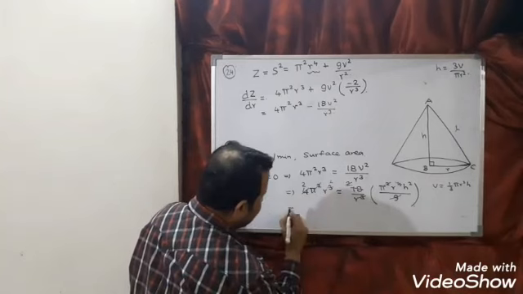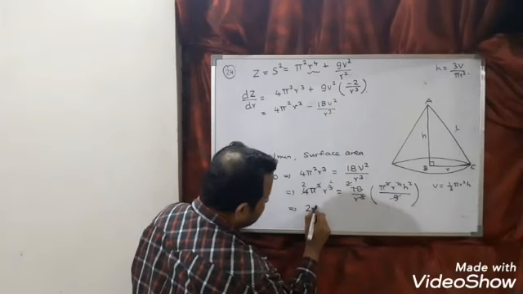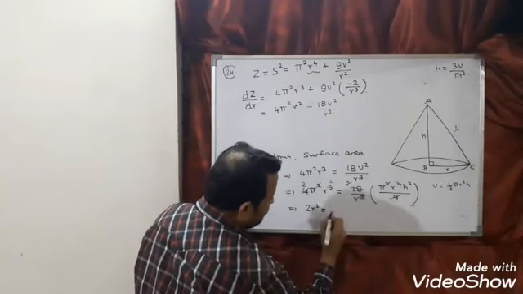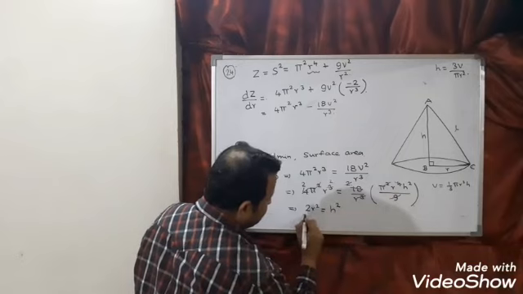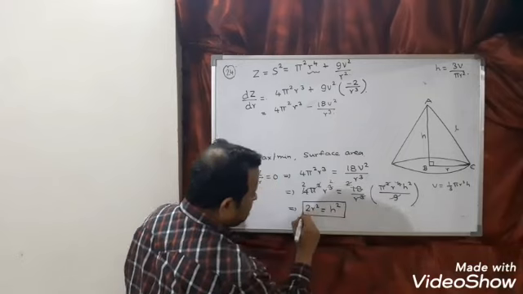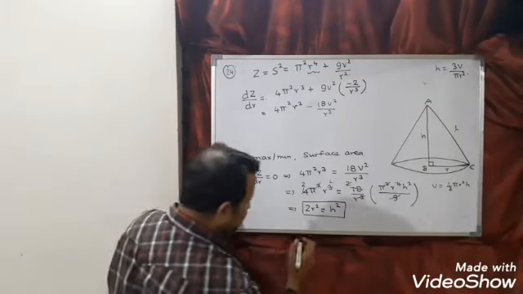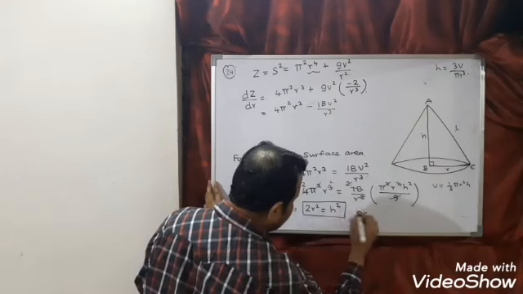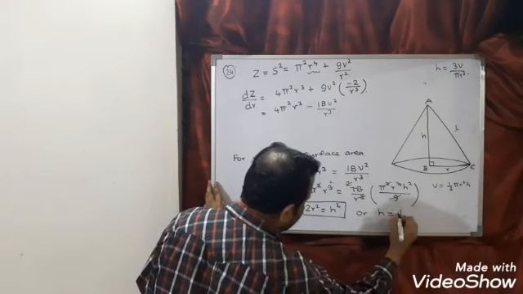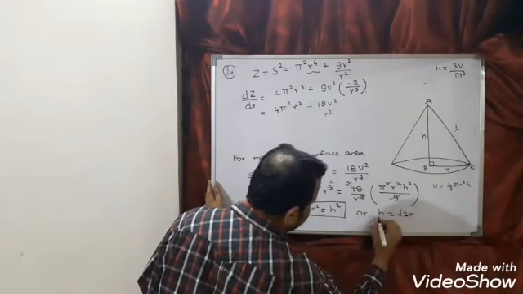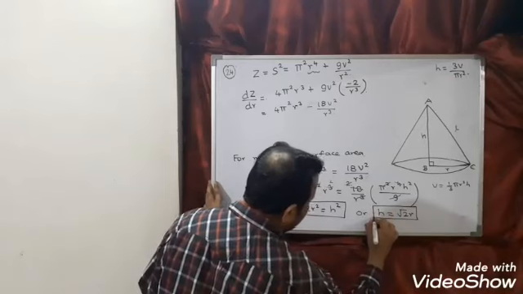So what you will get is 2r square is equal to h square. I think clear. From this, h is nothing but root 2 times r.